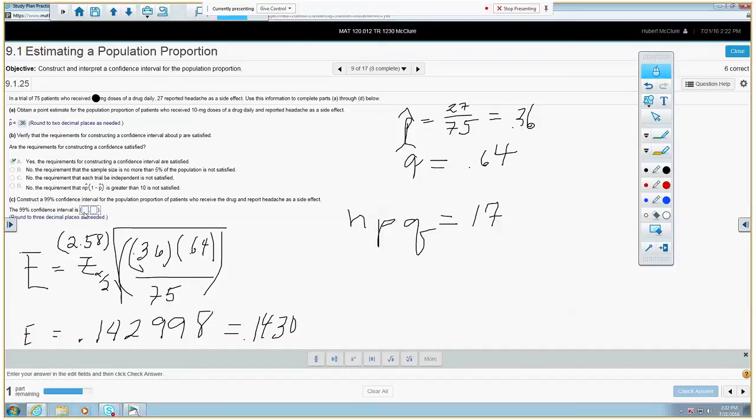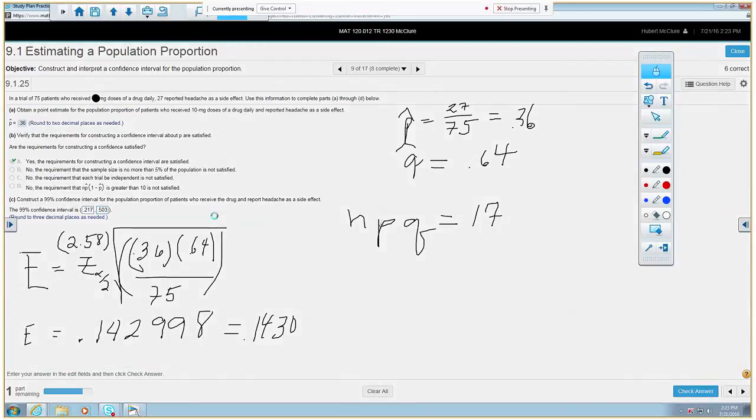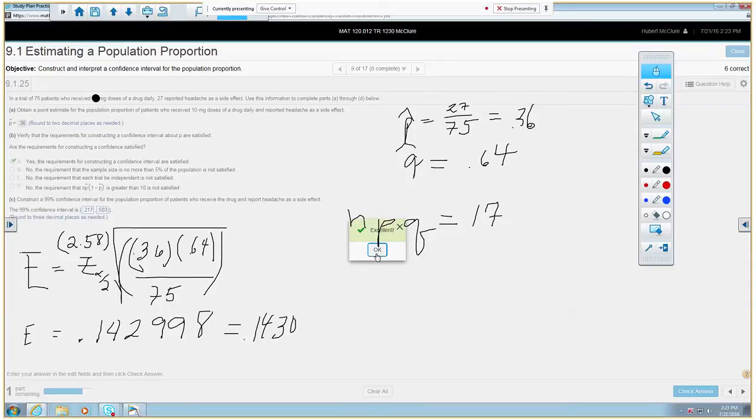Point what? 0.217. And then take 0.36 and add 0.1430. 0.5 what? 503. Look there, we got it right.